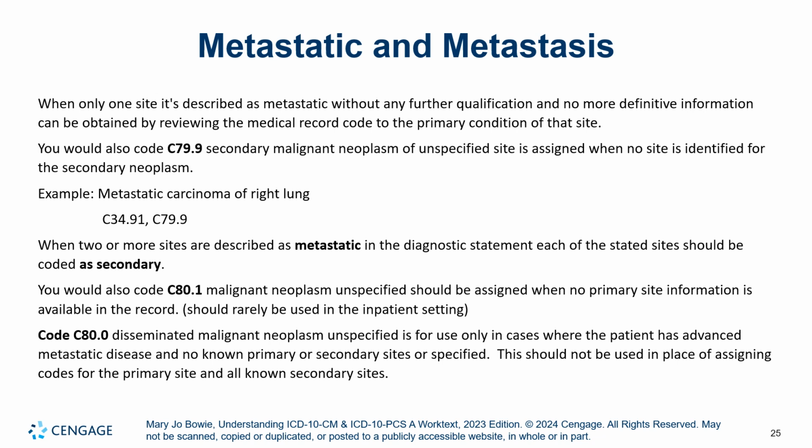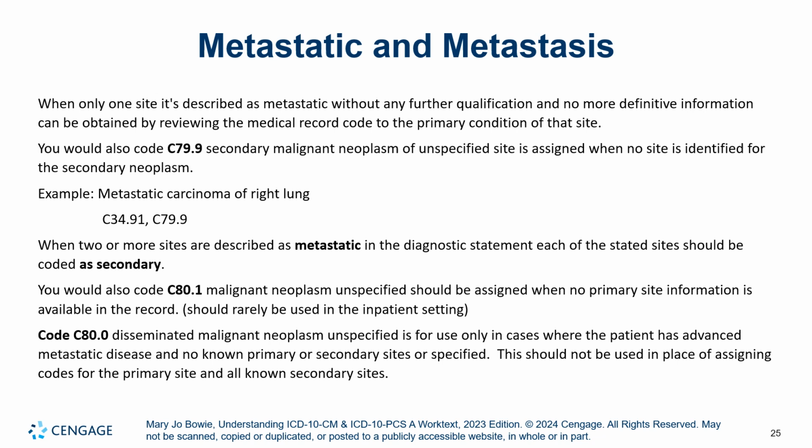Okay, when only one site is described as metastatic, without any further qualification, and no more definitive information can be obtained by reviewing the medical record, you would code that as the primary condition of the site. So if it says metastatic, whatever the site is, that's going to be your primary when you've got no more information listed in the record.